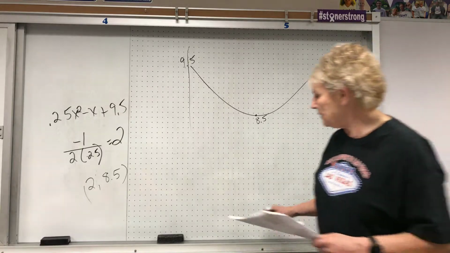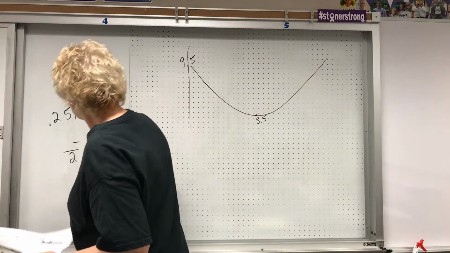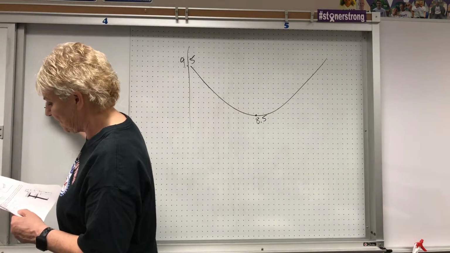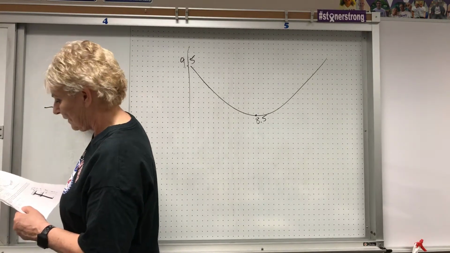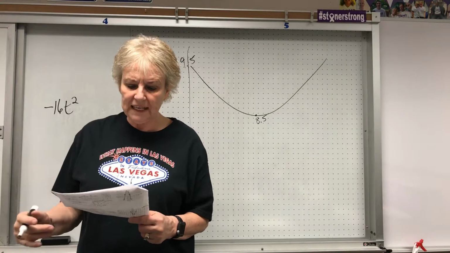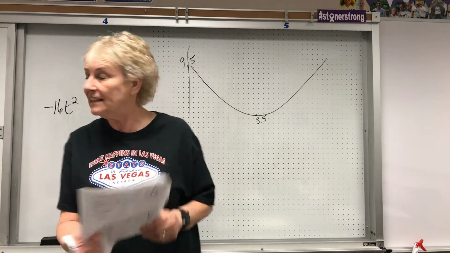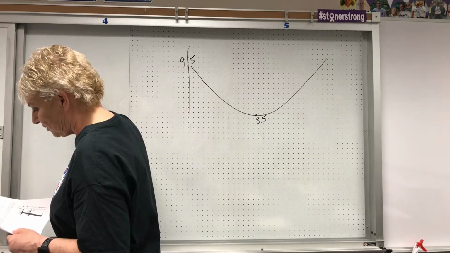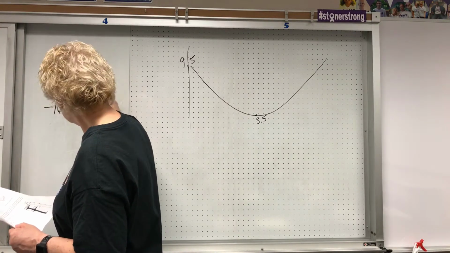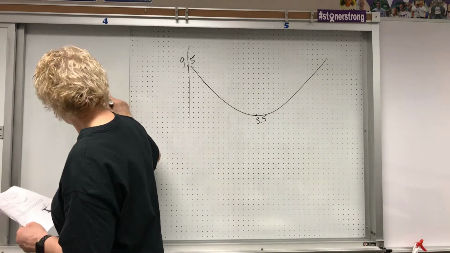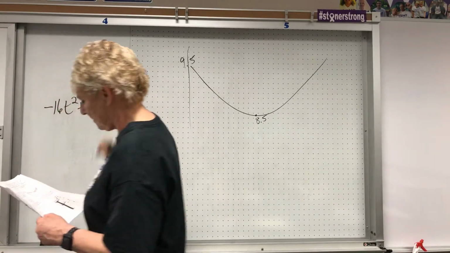Now, number 8 does not give you the entire equation, but it says velocity or speed was 16. See, it says feet per second. So you put plus 16t, and he's jumping from a 30-foot platform.